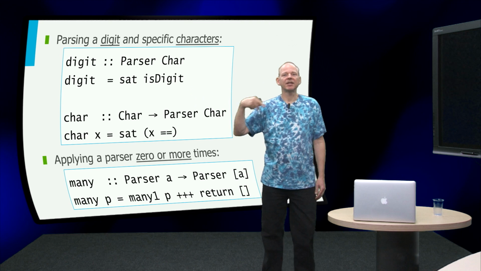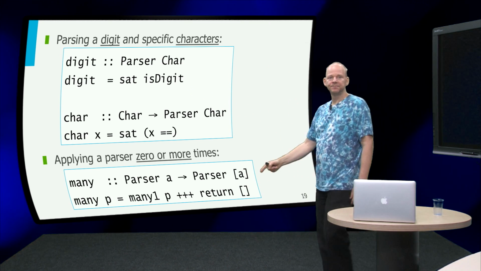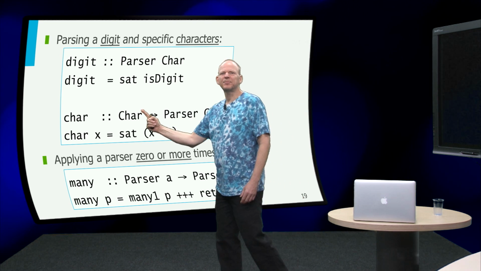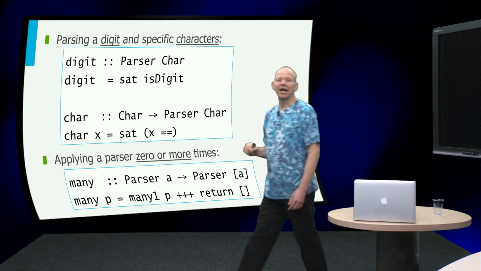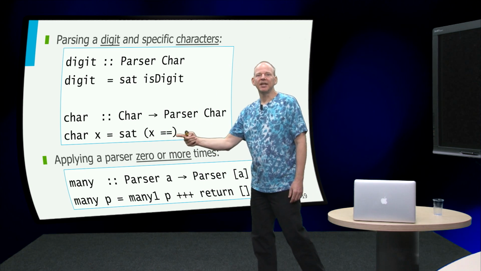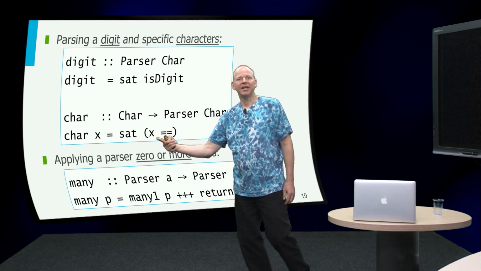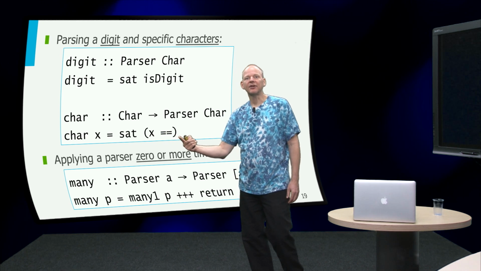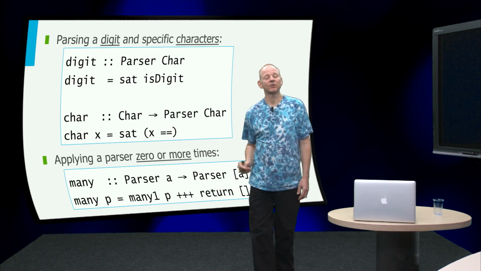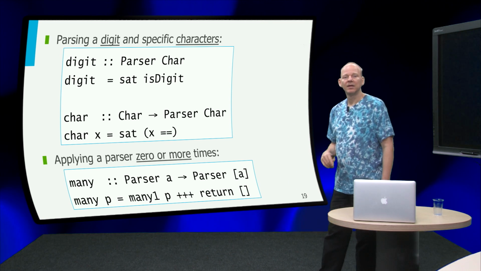If it's not a digit, it will fail immediately. If we want to parse a specific character, like character X, then we can use sectioning to create a predicate, X equals equals. This is a function that expects a character and checks whether it's equal to X, and then we apply that to sat.